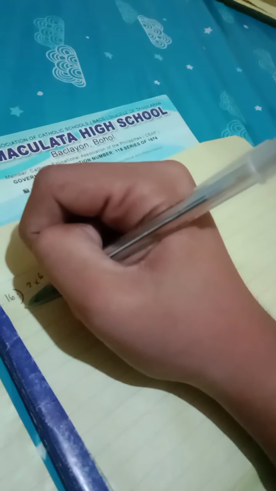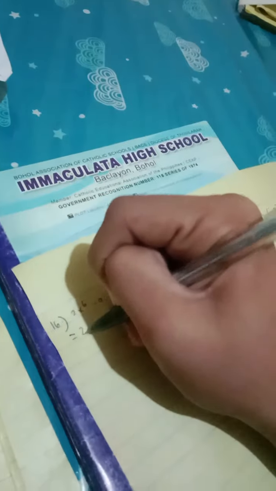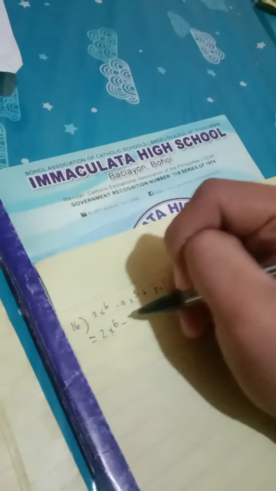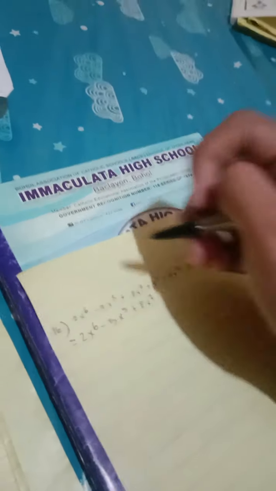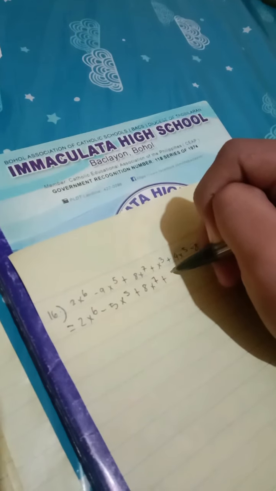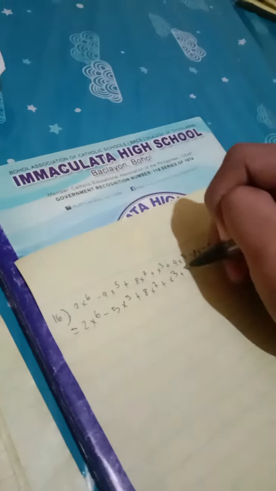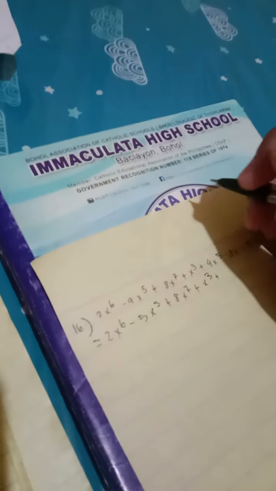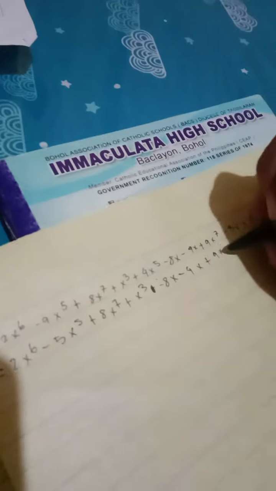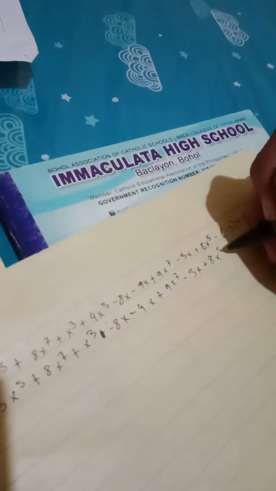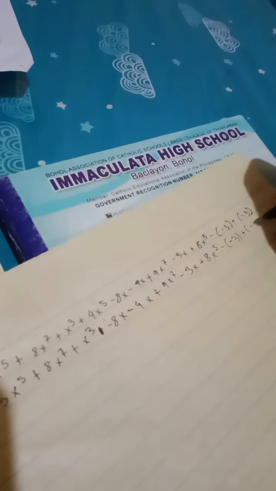So we can have this 2x minus 5x to the power of 5 plus x to the 7 plus x cubed plus, I mean 8x minus 4x plus 9x to the power of 7, negative 8x to the power of 5 plus negative.